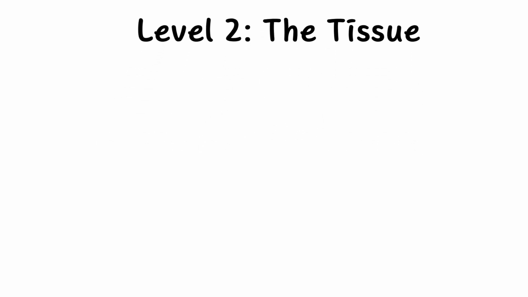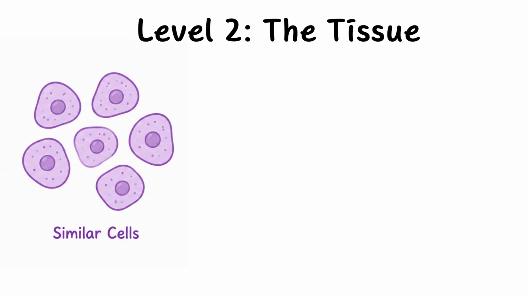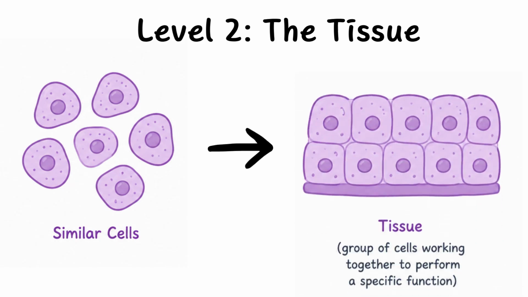When a group of similar cells come together to perform a specific function, they form a tissue. Tissues can exist as part of a more complex organism like we see in some plants and animals, or exist solely as the organism.